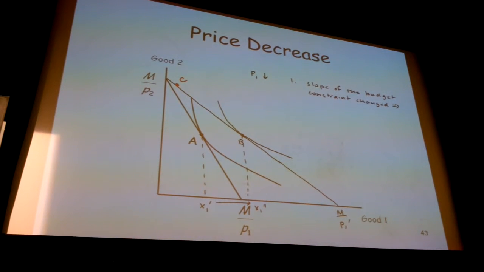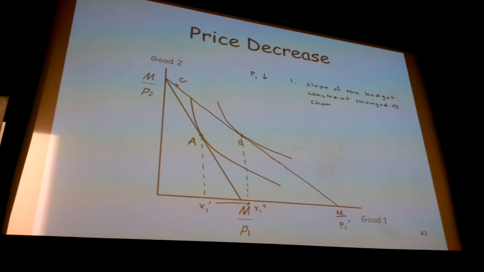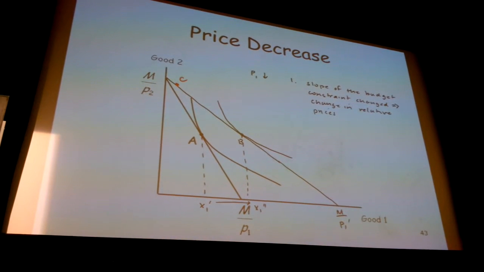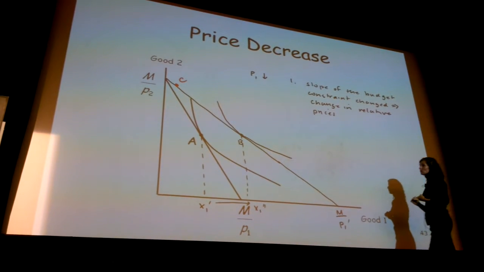What does that imply? That implies that there's been a change in relative prices. Okay, so one of the things that's happened is there's been a change in relative prices.